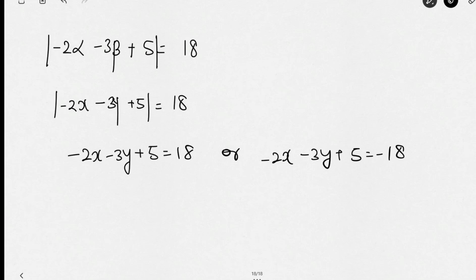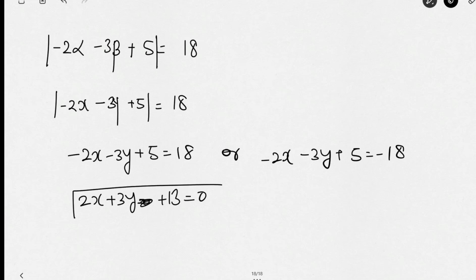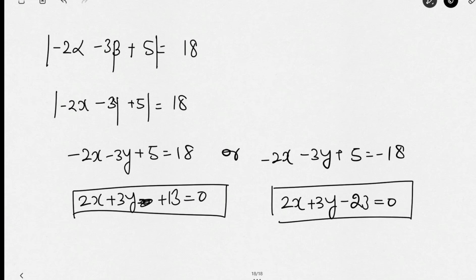So this becomes 2x plus 3y equal to 5 minus 18, and 18 minus 5 is 13, so plus 13 equals 0. This is one line, and another one is 2x plus 3y, 18 minus 5, minus 23 equals 0. So these are the two answers.